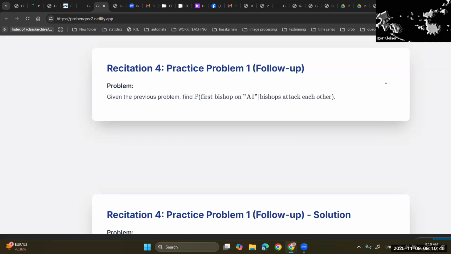And now we only need to find this value. This is Bayes rule: the probability that bishops will attack each other, given that the first bishop stays here. It's 7 divided by 63. We found it. That's all.